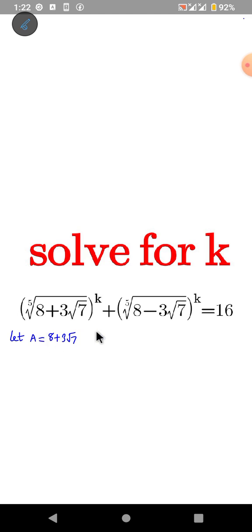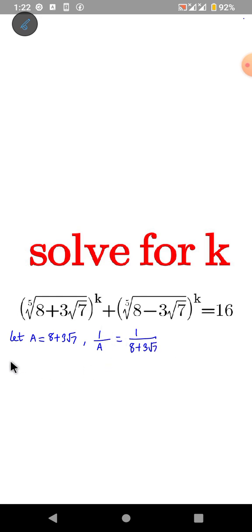Then now I can also say that 1 all over A will be equal to 1 all over 8 plus 3 root 7.